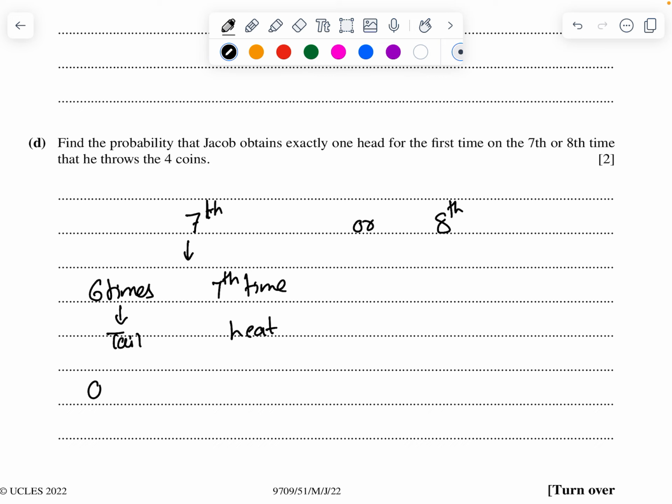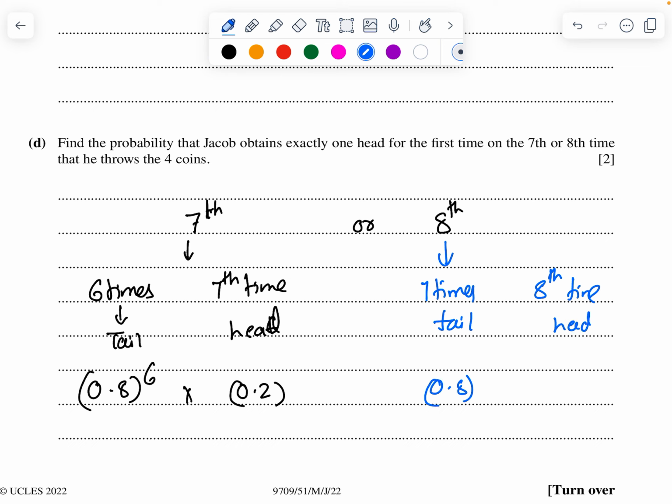So 6 times tail is 0.8 to the power of 6, then 7th time head is 0.2. Whereas over here, 8th time means 7 times tail and the 8th time is going to be head. 7 times tail is 0.8 to the power of 7, 8th time head is 0.2. Then add them up, which is going to be the answer 0.0944.